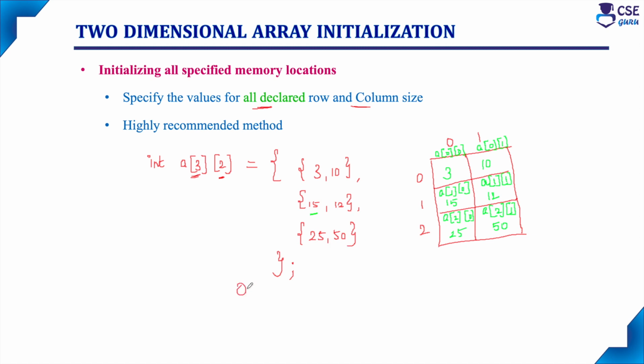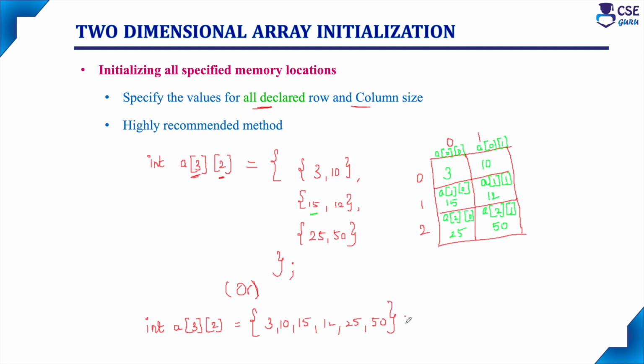Another way, for example, int a of, same example we will take, 3, 2. Row size is 3 and column size is 2. So within set brackets, we can specify the values continuously. According to the size allocated, it will take it. That is 3, 10, 15, 12, 25 and 50.